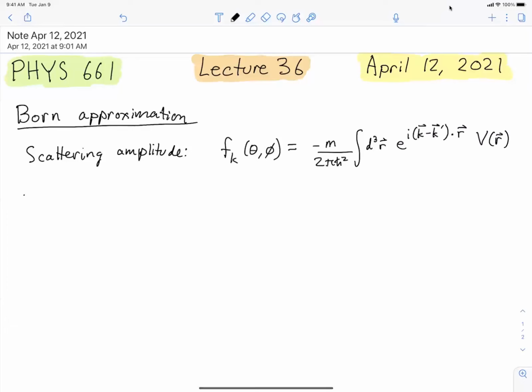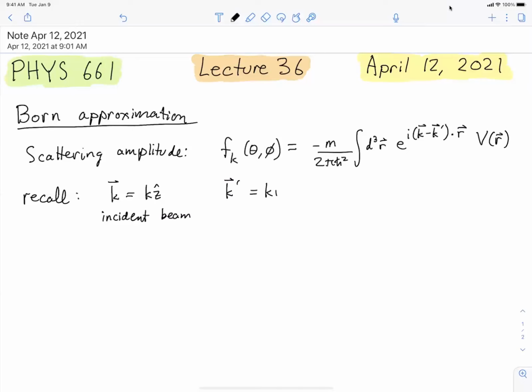Okay, and recall that k, we've decided we're going to take in the z hat direction. That's for the incident beam of particles. We send them in along the z direction, and then k prime is the waves that are coming out of the target, and we're very far away from the target.